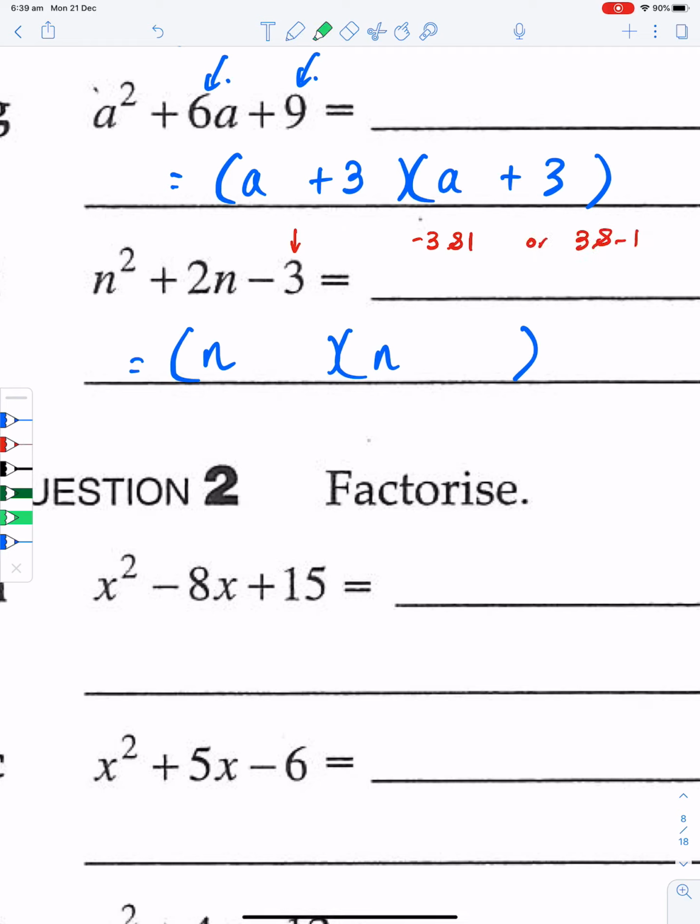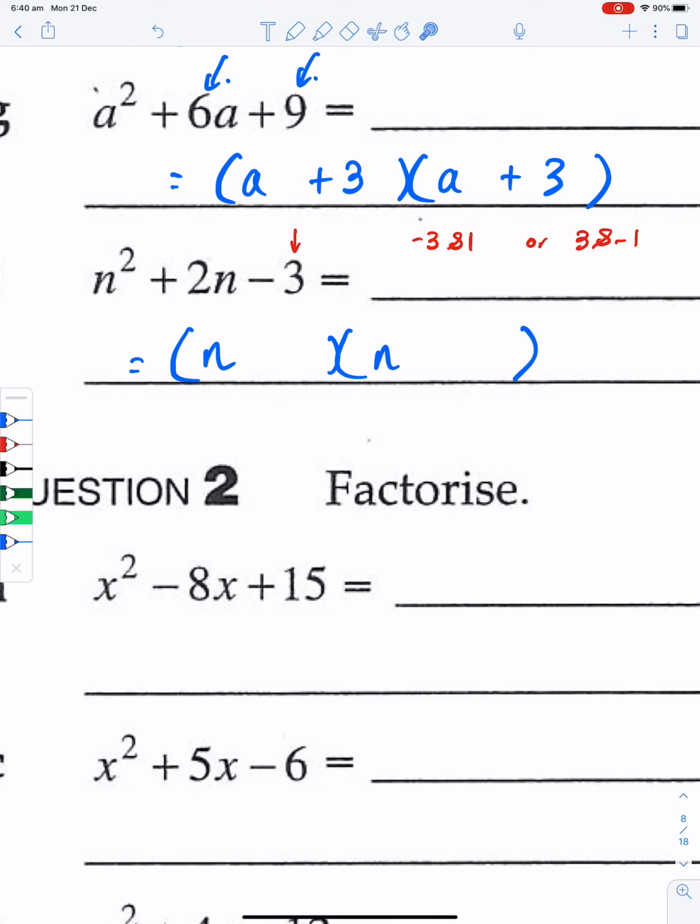So minus 3 times 1 is minus 3, and 3 times minus 1 is also minus 3. So both the first one and the second one multiply to give minus 3, which is perfect.